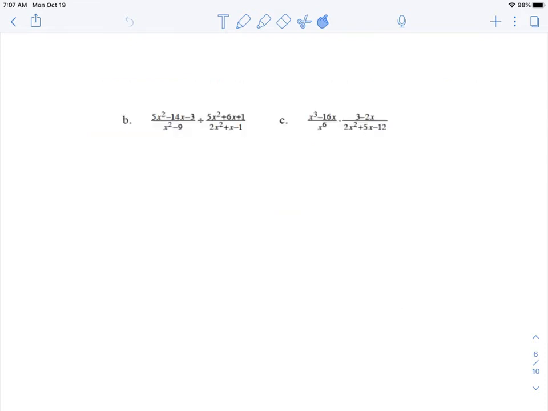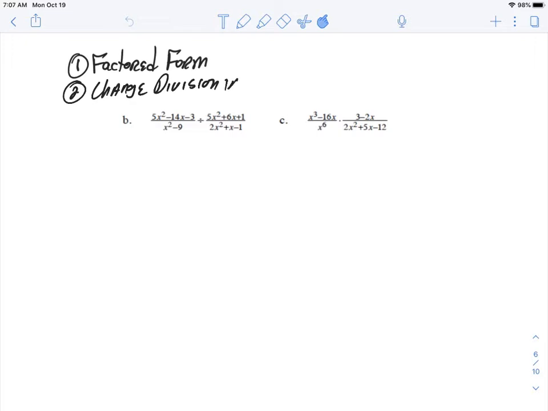But what about dividing rational expressions? Well, start out with the same process. First thing you want to do is write it in factored form. Then you want to change division into multiplication.